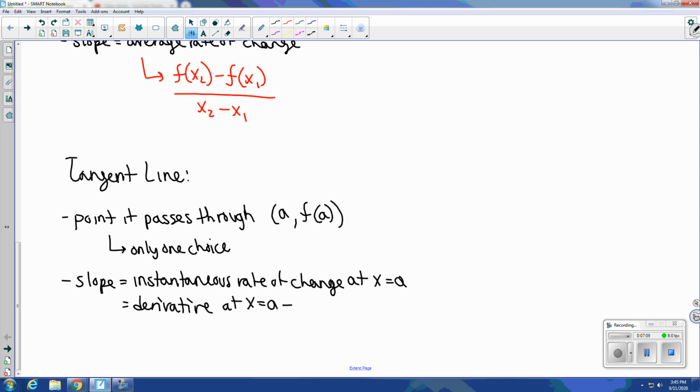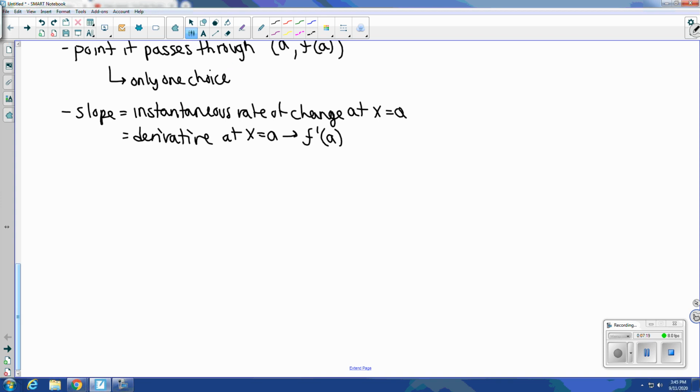Notationally, you may see something like we're looking for f prime of a. So the standard format will be y minus f of a equals f prime of a, because that's our slope, times x minus a. That's our general form for our tangent.